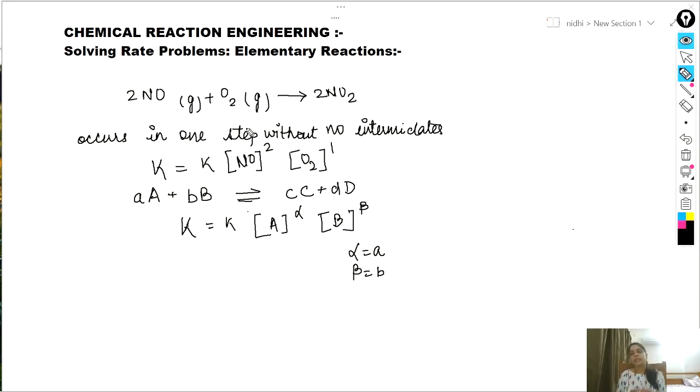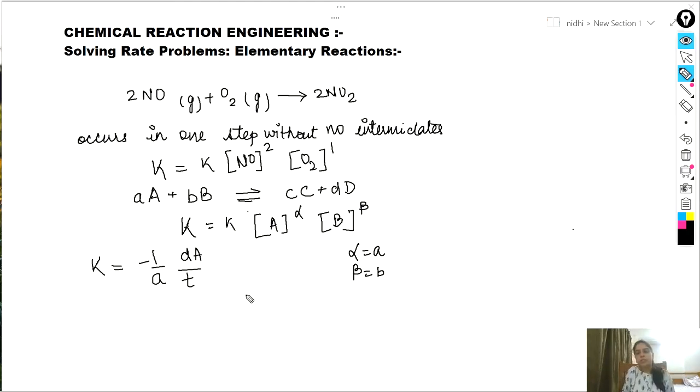The other thing that an elementary reaction allows us to do is express the rate in various ways. We can express the rate of this reaction as capital K equals negative 1 over a times the change in concentration of A over time.